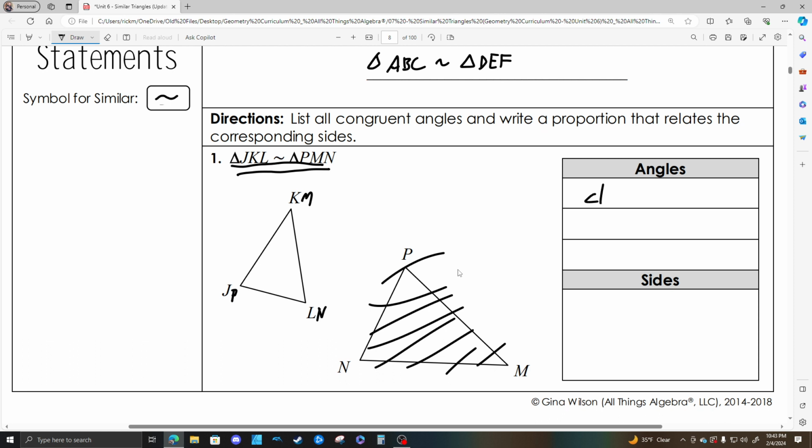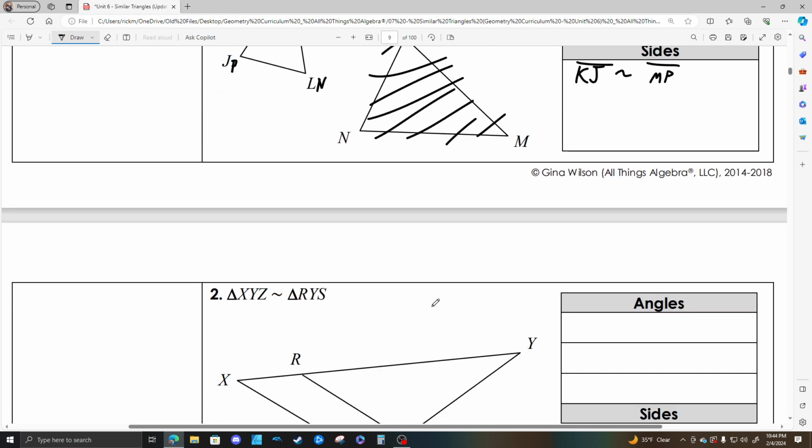Okay, we know angle K is similar to angle M. And angle J similar to angle P. And of course, angle L similar to angle N. All right? And then I'll do one of the sides and I'll let you figure out the others, right? So I'm going to say segment KJ is similar to segment, well, if it was KJ, now it's MP. And I'll let you try the other ones, okay? There's only 2 more. Excellent.